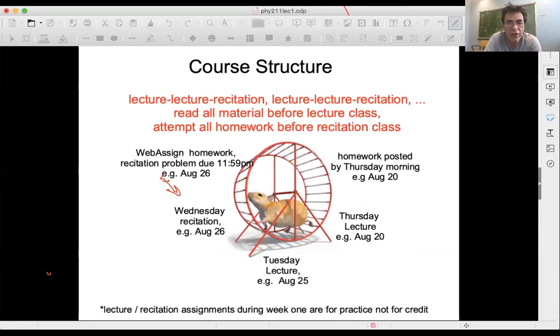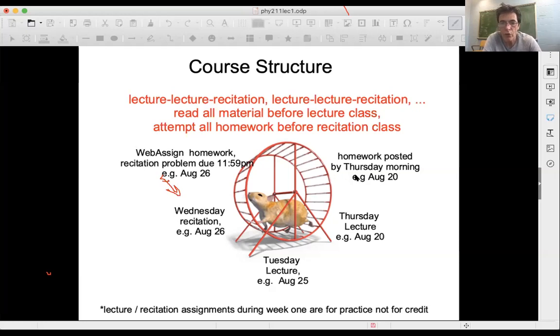So this overhead shows you something about the structure of the class, how the class is arranged. This week is a little different than the normal week. So on this overhead, I've sort of imagined next week.